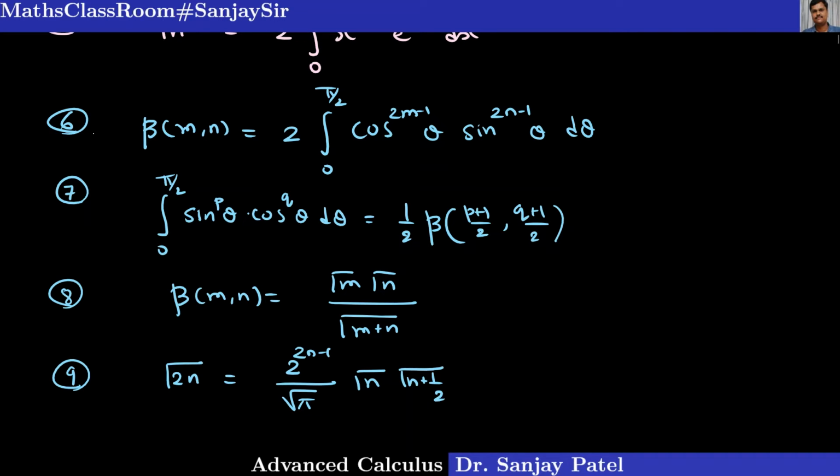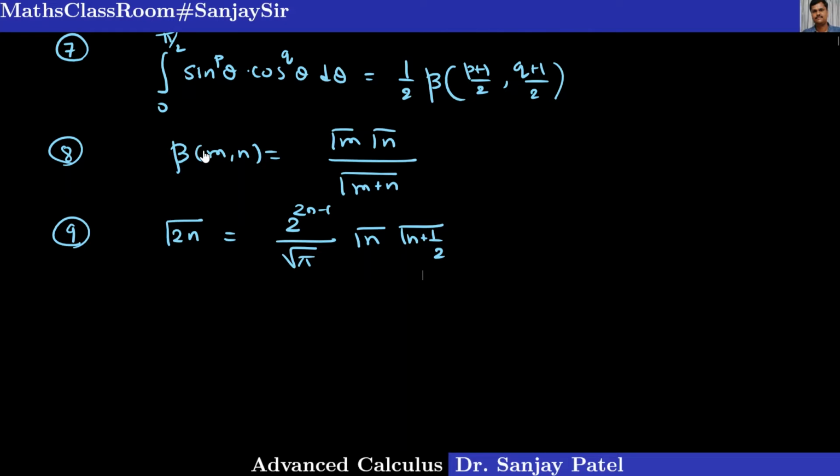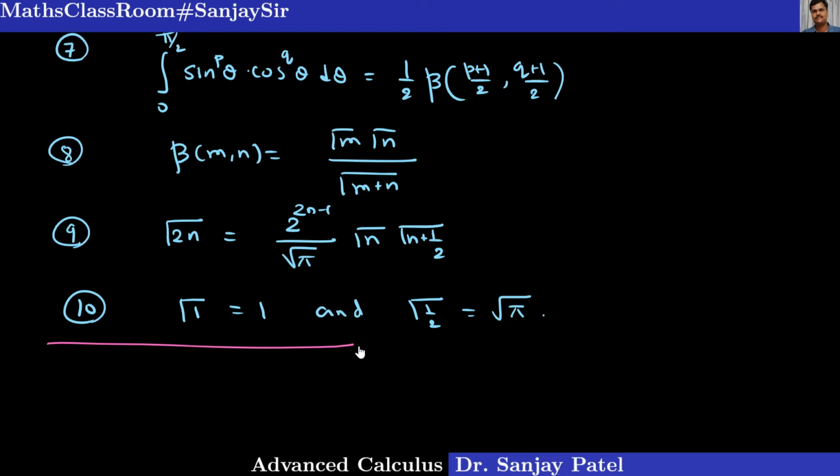And finally, I want to mention two important values: gamma 1 is 1 and gamma of 1 by 2 is square root of pi. So keeping in mind all these results, we are going to use them for solving problems of beta and gamma functions.